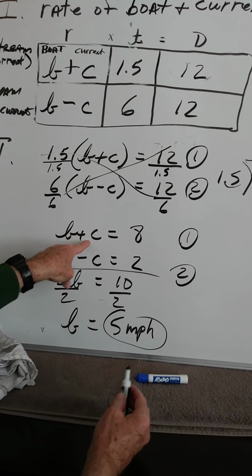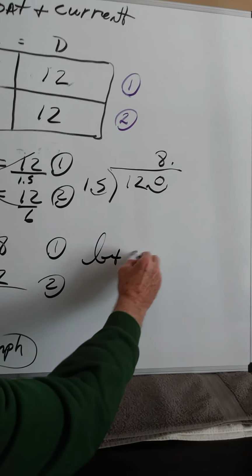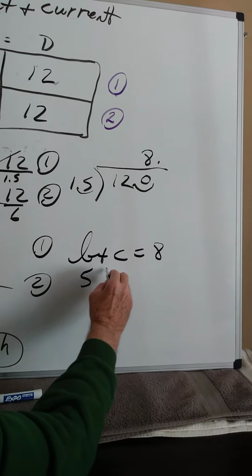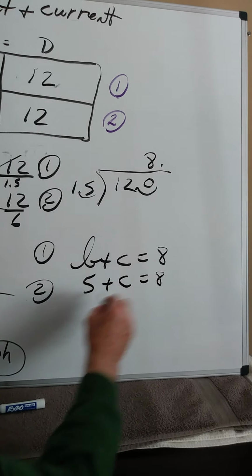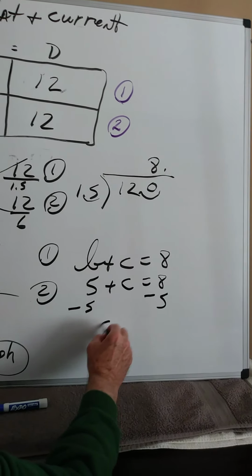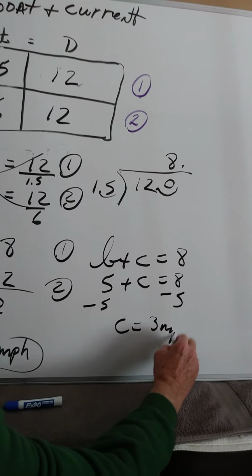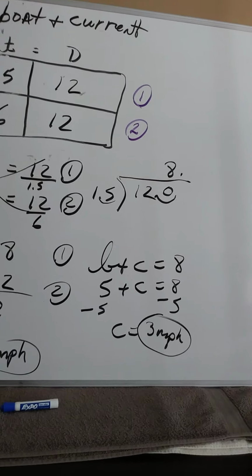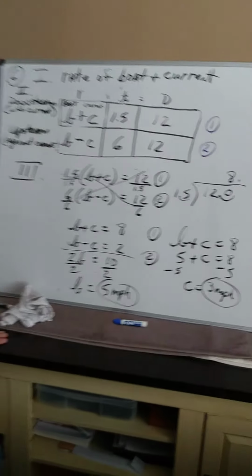One of these. It's a good one. Boat is 5. 5 plus C is equal to 8. Negative 5, negative 5. The current is 3 miles per hour. Just let it stay in that way, and that is fine. Okay. Now we have now completed 5-4.